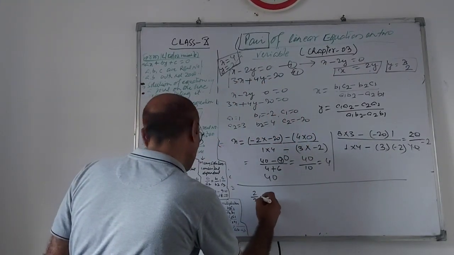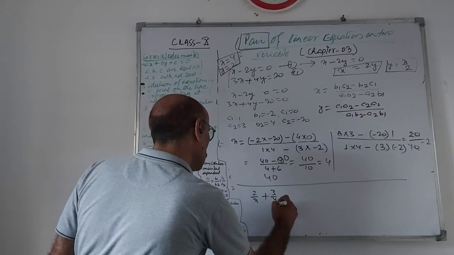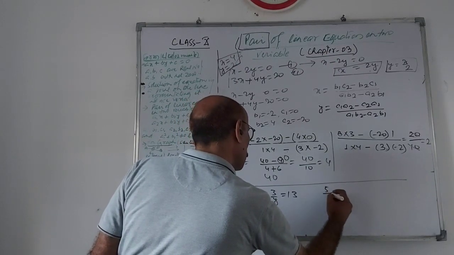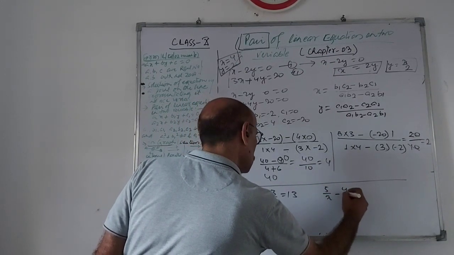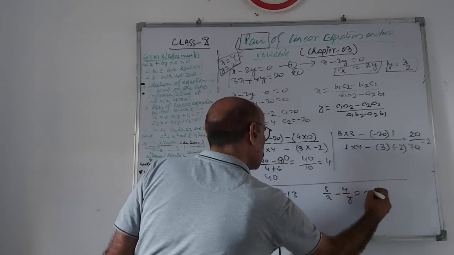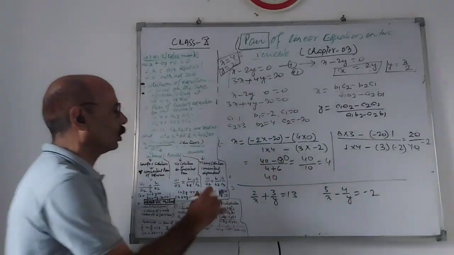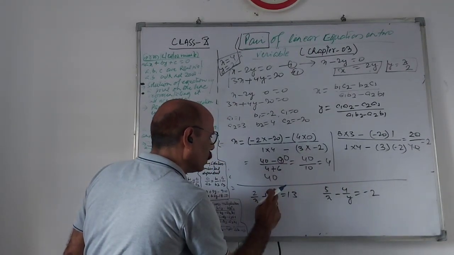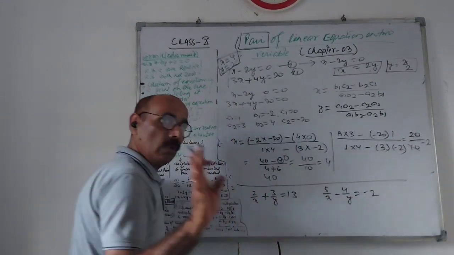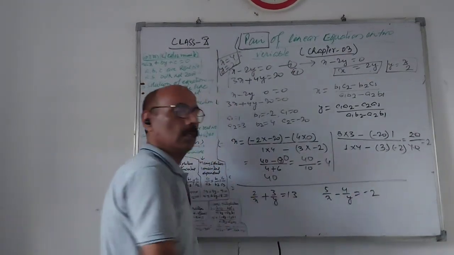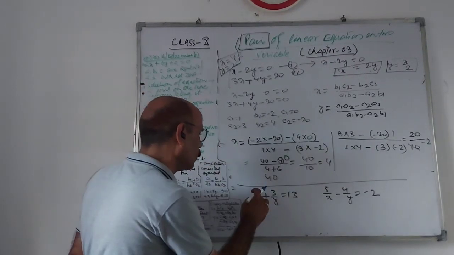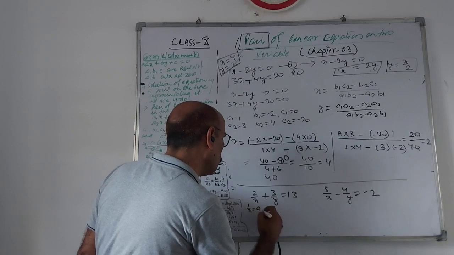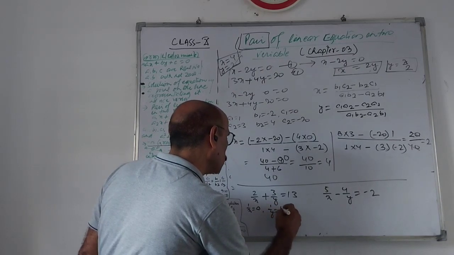So the variety of questions will be like this. Suppose 2 by x plus 3 by y is equal to 13, and suppose 5 by x minus 4 by y is equal to minus 2. Suppose the equations are like this, two equations. Here see, this is 1 by x, here also 1 by x, 1 by y, 1 by y. If the variable is in the same format, then you can convert it in an easier way. Let 1 by x be equal to a and 1 by y be equal to b.